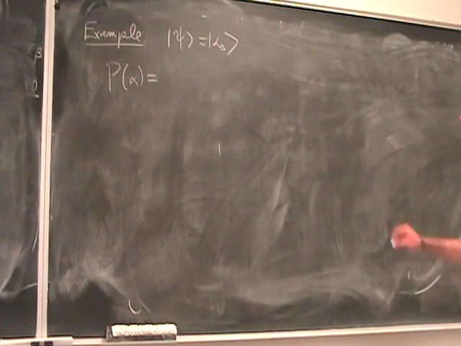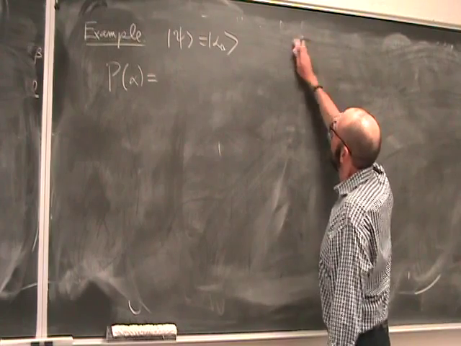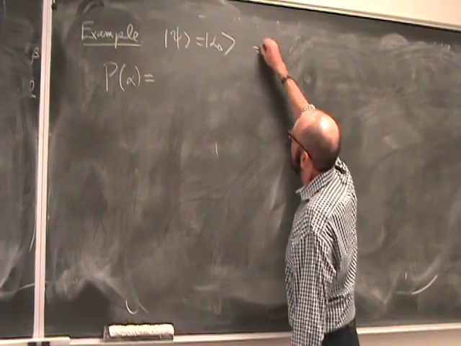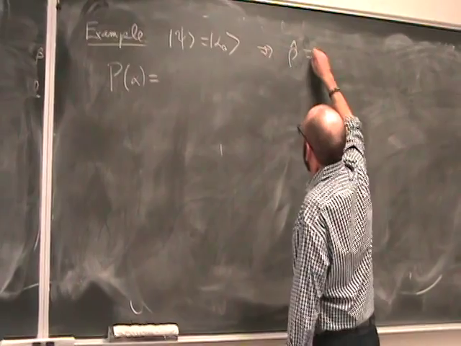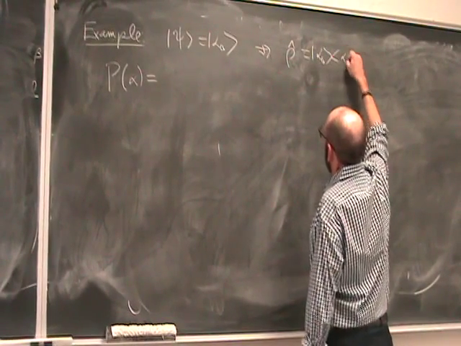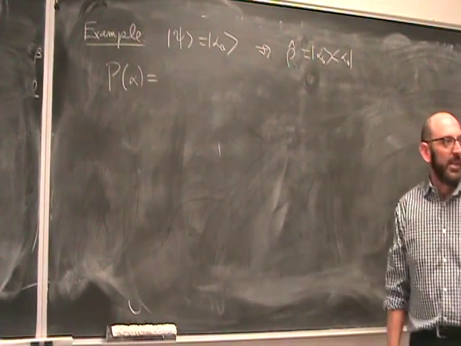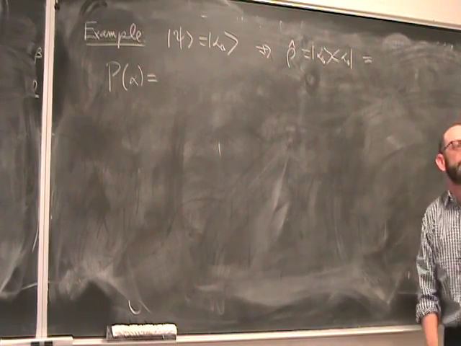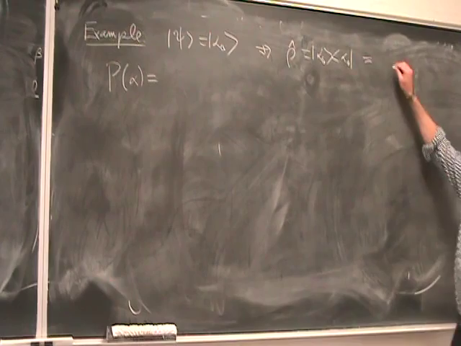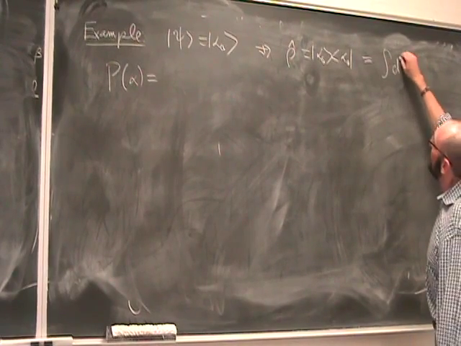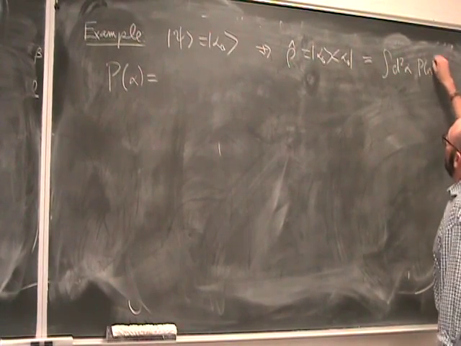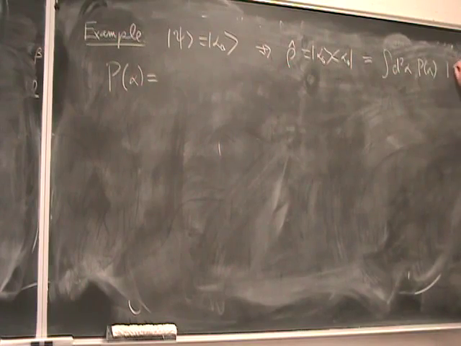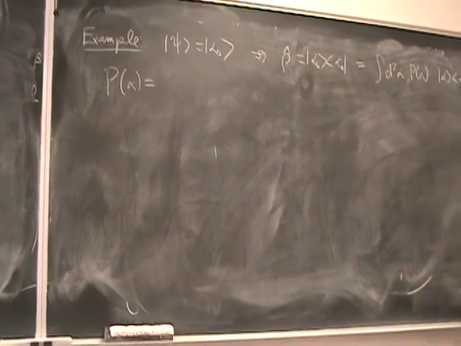Why? Well, rho, in this case, is this, right? But in the P representation, what is rho? It's a delta function. Exactly, because this is the definition. Remember, that's the P representation.